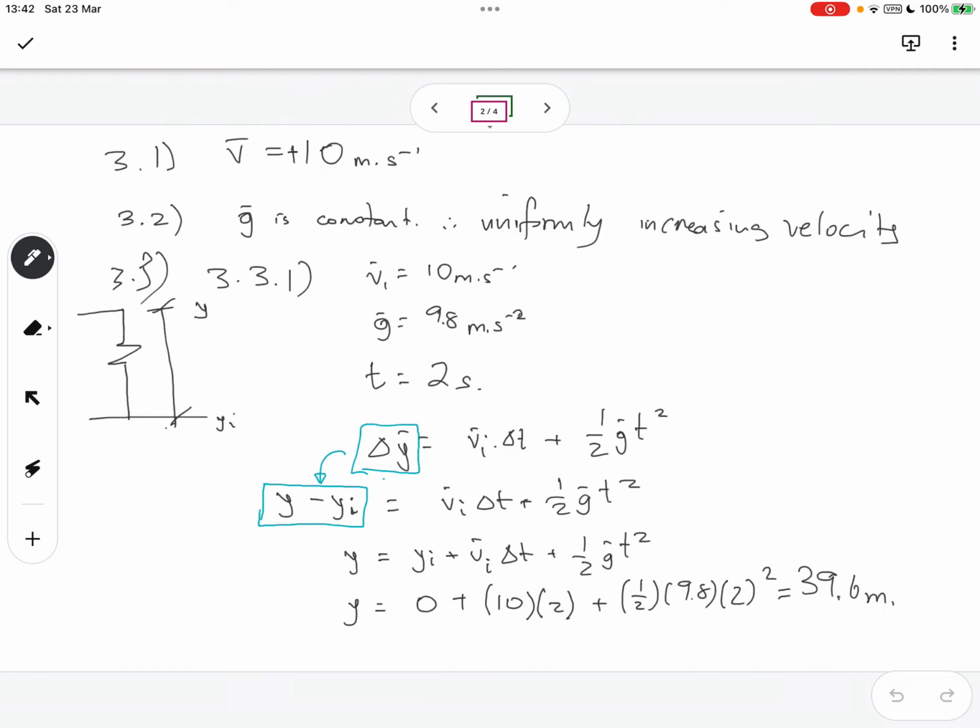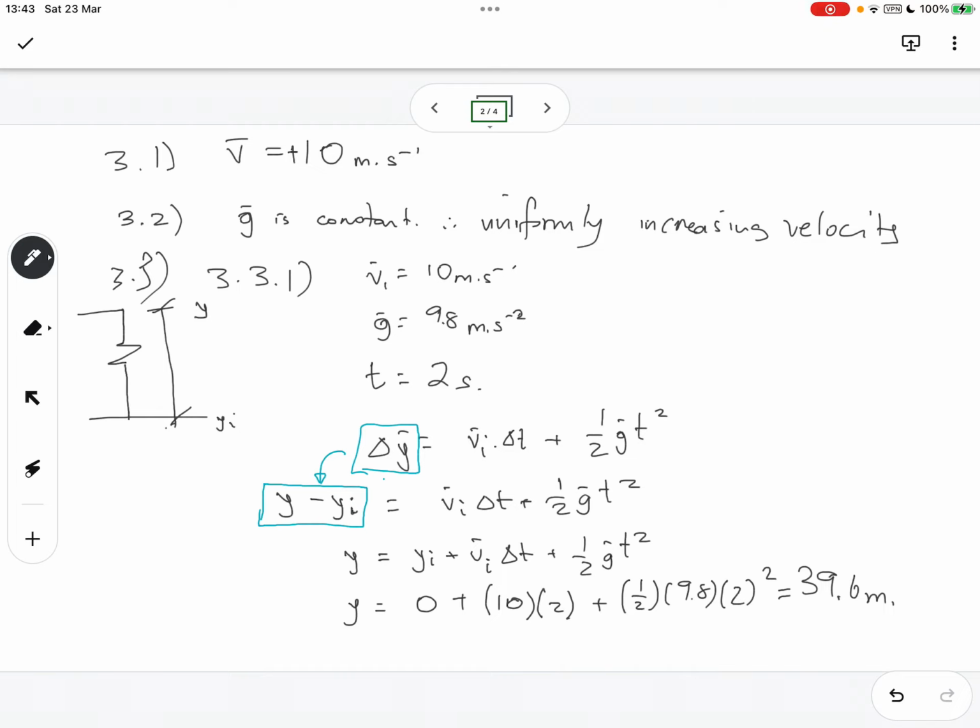Oh, number 3.3.1, it was 39.6 meters. But we did do this. Yes, but I'm looking at the answers. That's why. Okay, you can scroll to page 2 of our Jamboard. I want to check on that other Jamboard and see the answer that you get.